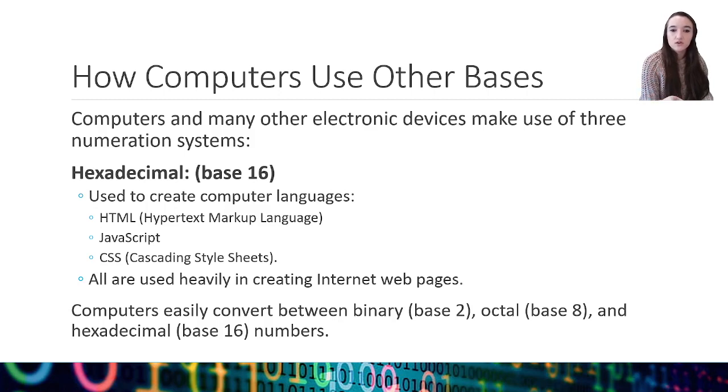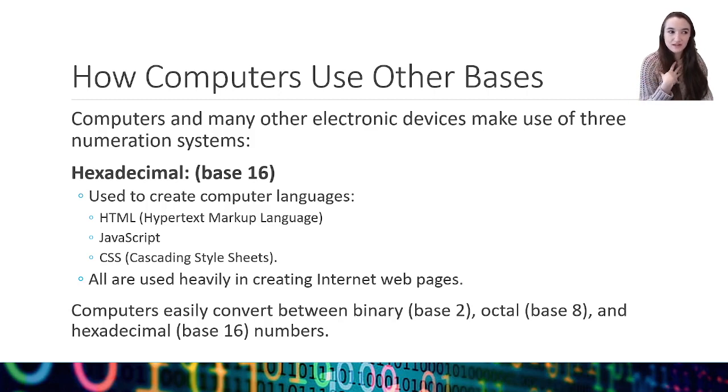All of these are heavily used in web page design, but any sort of coding you're going to run into hex, especially with web pages. For example, colors are written in hex when they're translated through a computer. So computers easily convert between binary, octal, and hexadecimal numbers, base 2, base 8, and base 16.